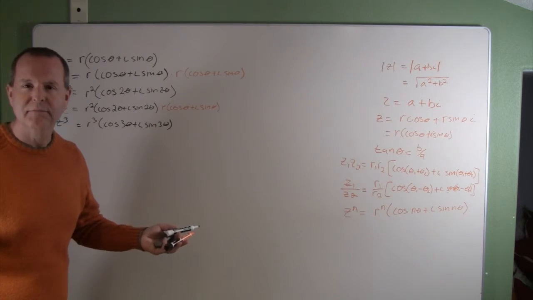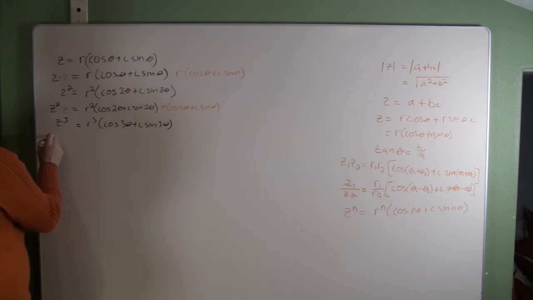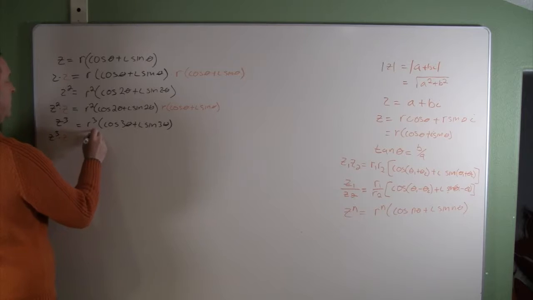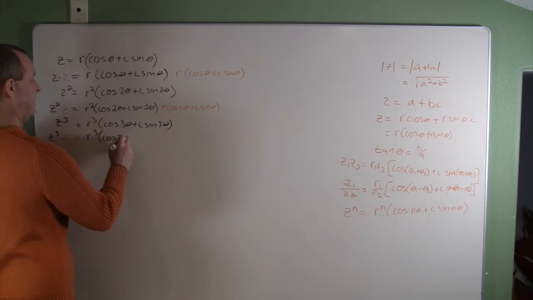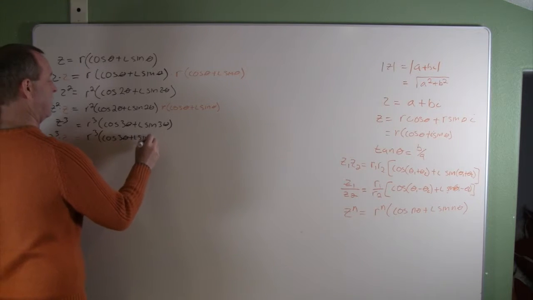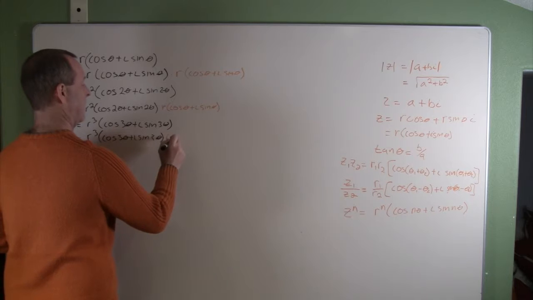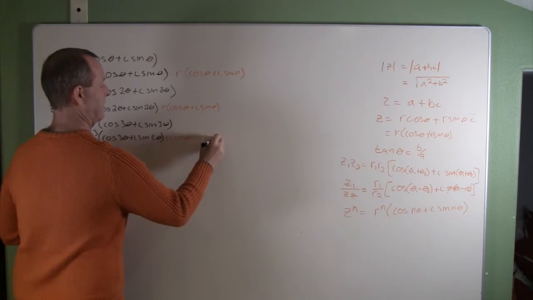Do you want to do one more? Sure, why not? Let's take z cubed times z again to give me z to the 4th. So that becomes r cubed cosine 3 theta plus i sine 3 theta, multiplied by another z, r times cosine theta plus i sine theta.